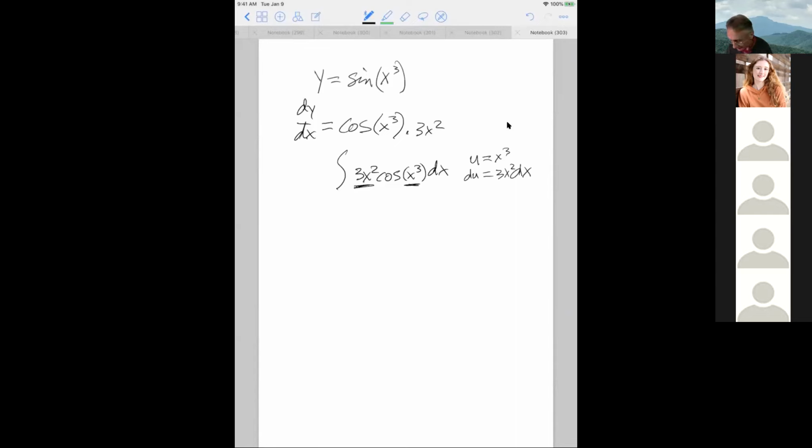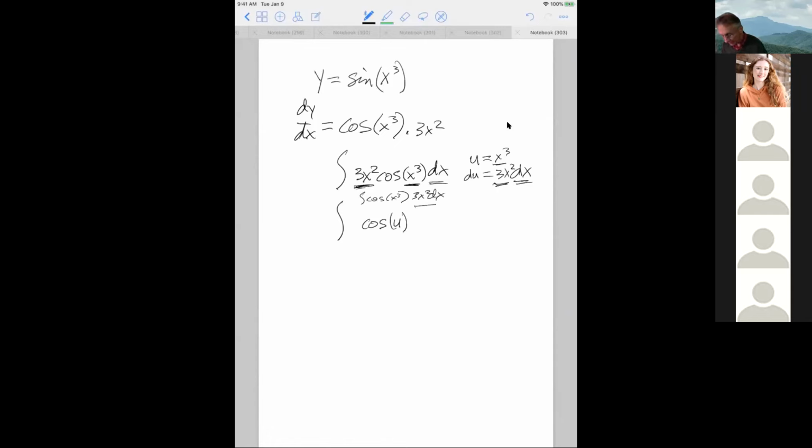Now this simplifies the problem incredibly. Look what happens. The x cubed is my u. So I've got the integral of cosine u, and 3x squared dx is what I've got left. I could rewrite this in a different order, cosine, sometimes you might want to do that at first just to make sure you've got it exactly right.